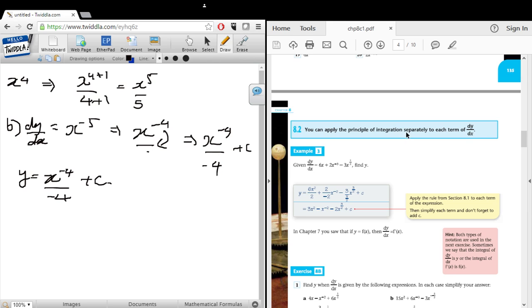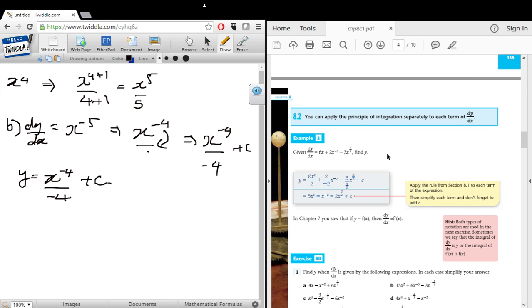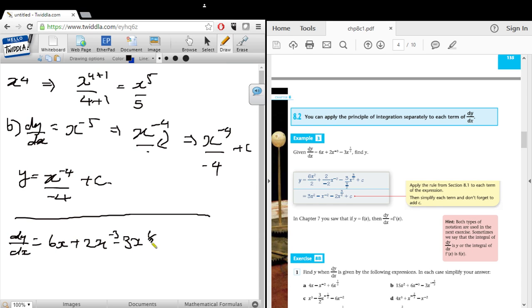You can apply the principle of integration separately to each term of dy/dx. So if you have this equation here, you can apply integration to each one: the first, second, third.